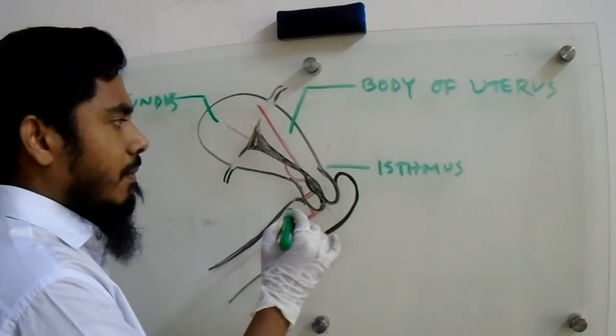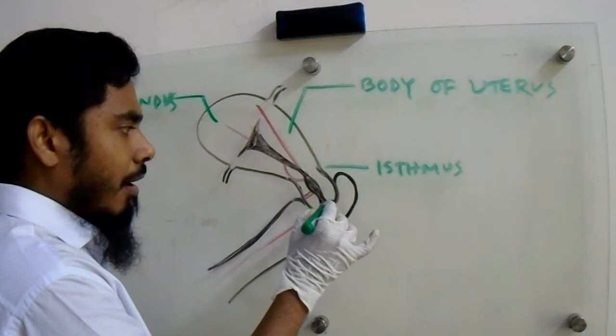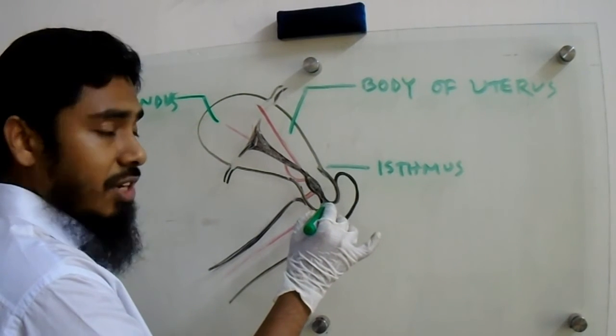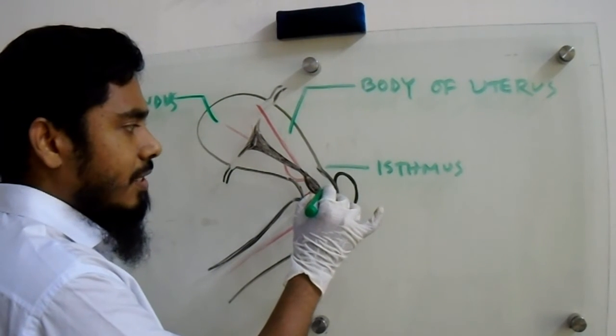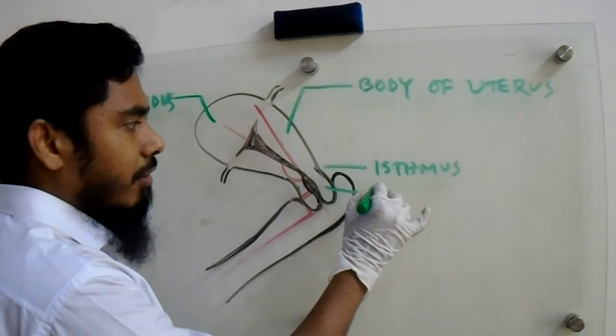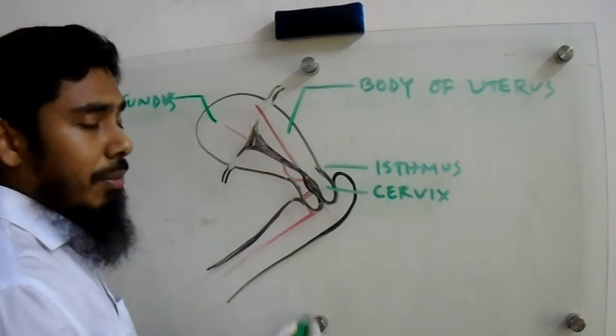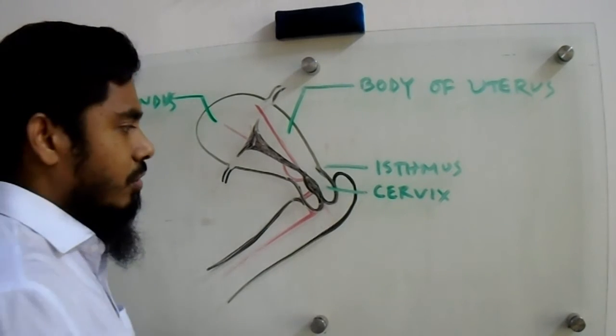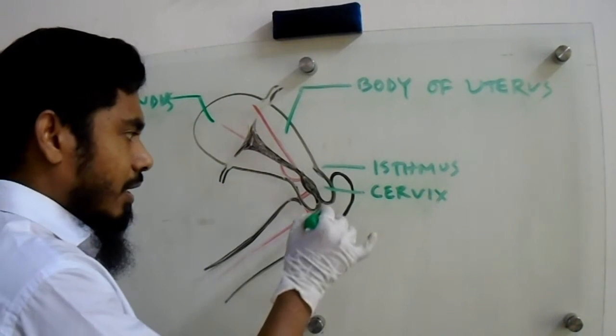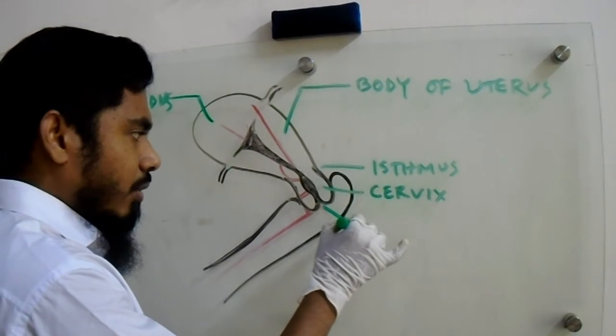Below the isthmus, the area up to the external os, this area is the cervix, and we have coined the term external os where this area is known as the external os.